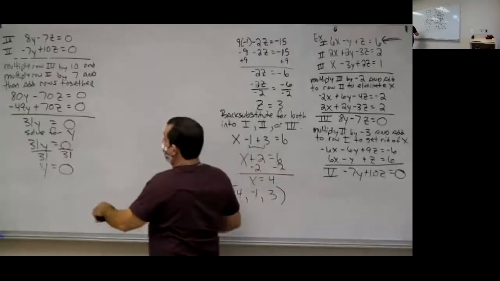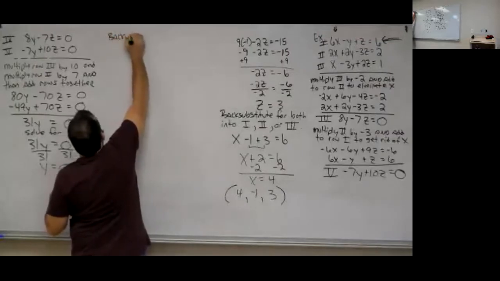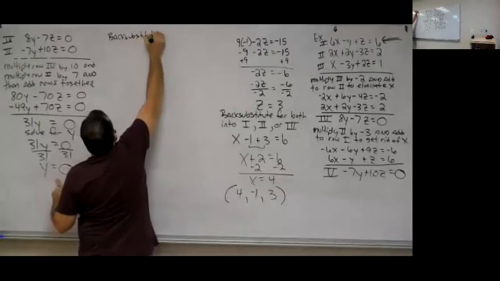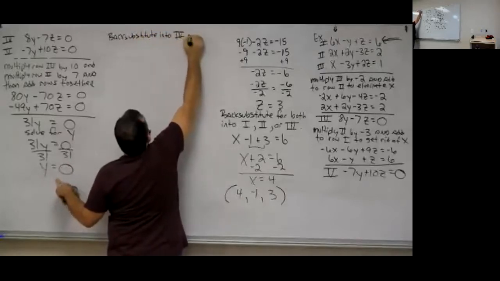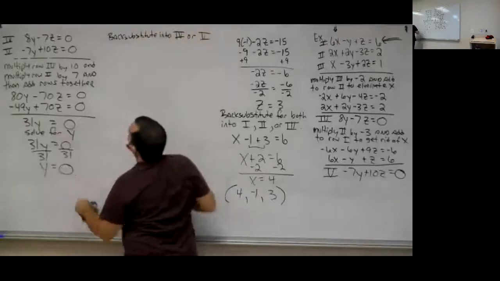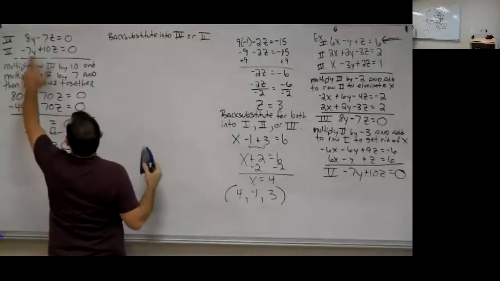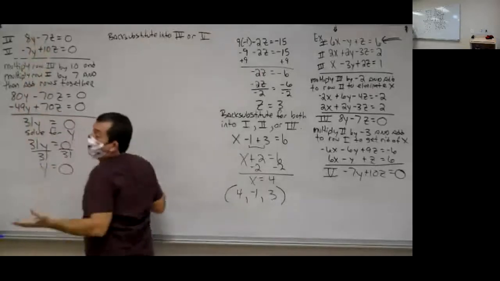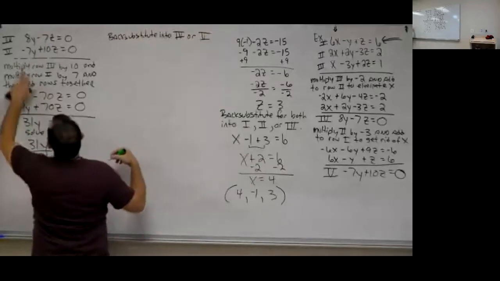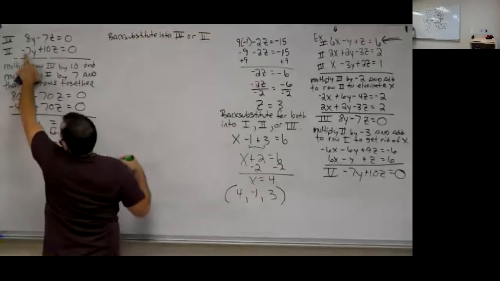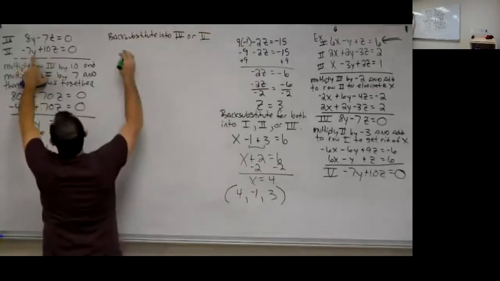All right, so now since I know y is 0, I'm going to back substitute into equation 4 or equation 5. Either one of them would be easy. I'll pick that one because it's got a positive z, and I know I'm putting in a 0. So I'm going to use equation 5.